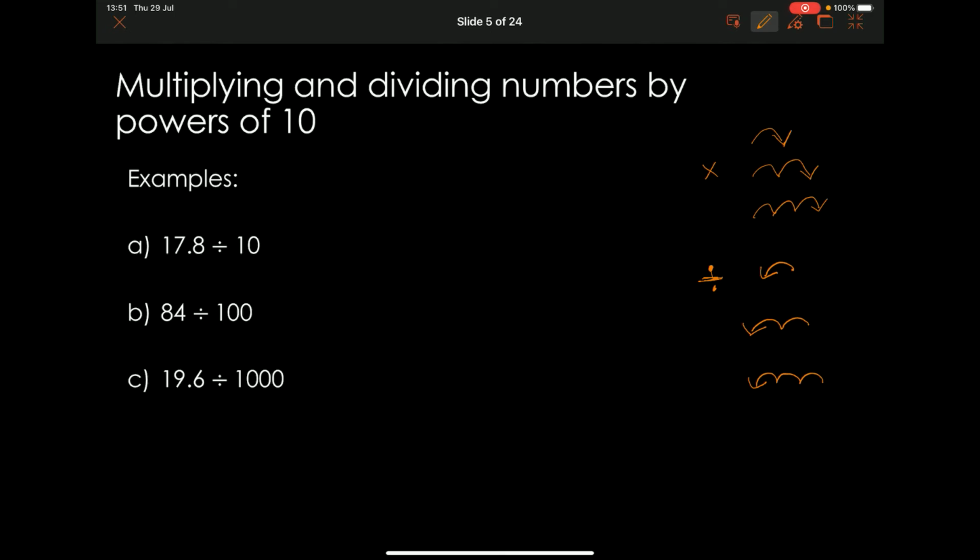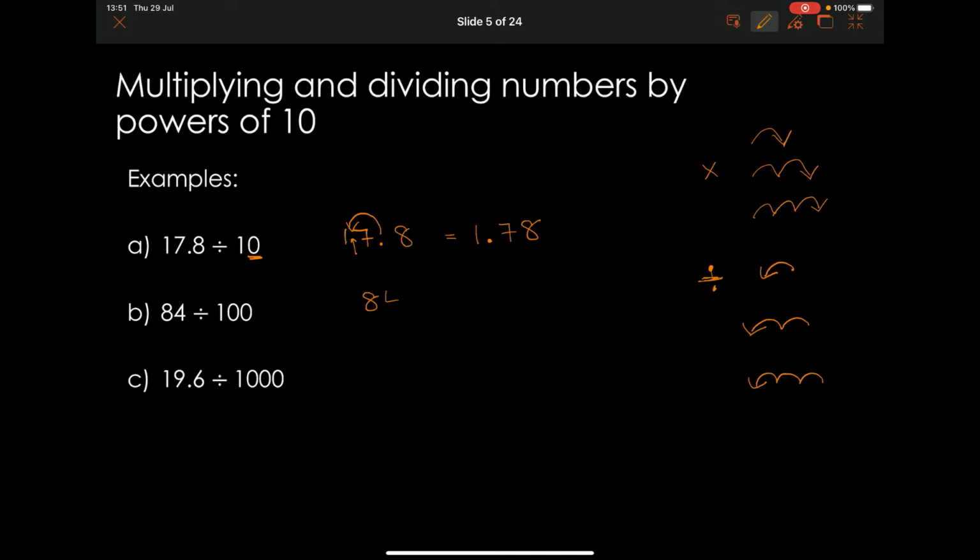Okay, so 17.8 divided by 10. If we're dividing by 10, it's only got 1 0, so we go one place back, and our decimal point ends up there, giving us an answer of 1.78. Nice and easy.